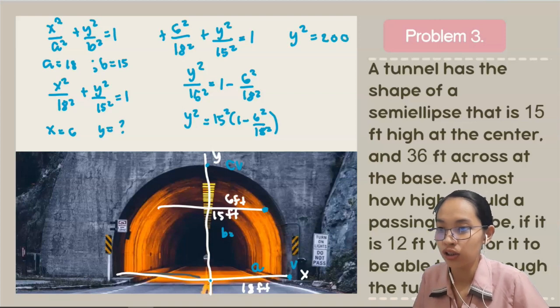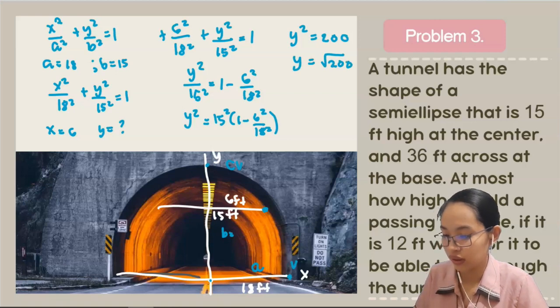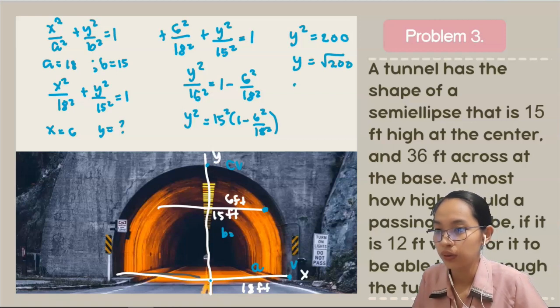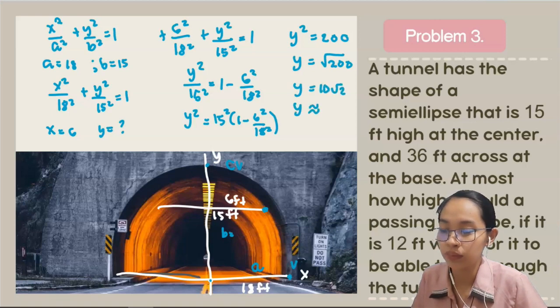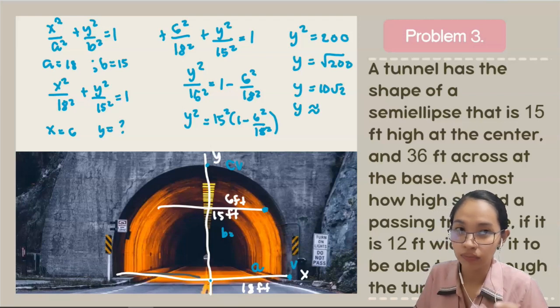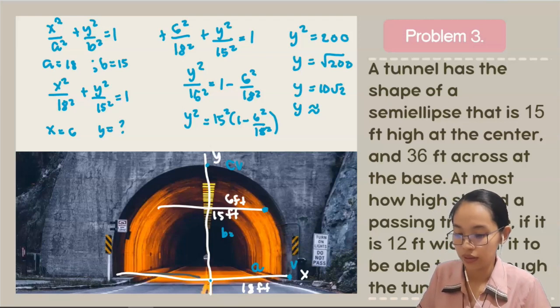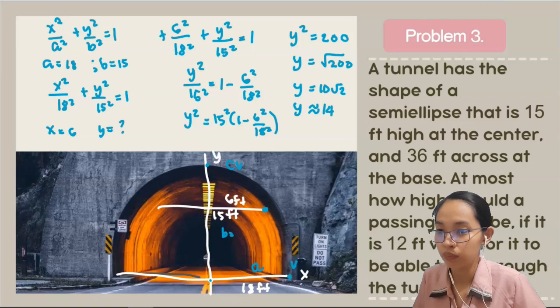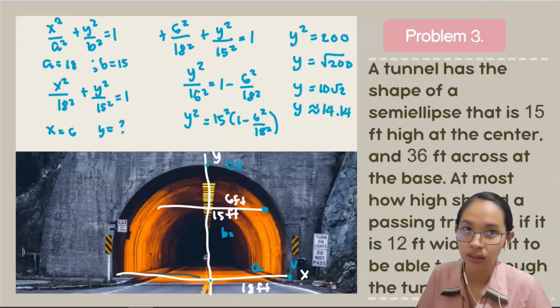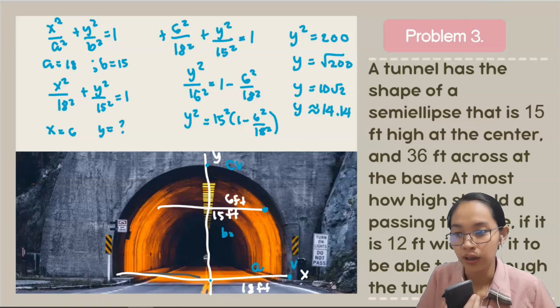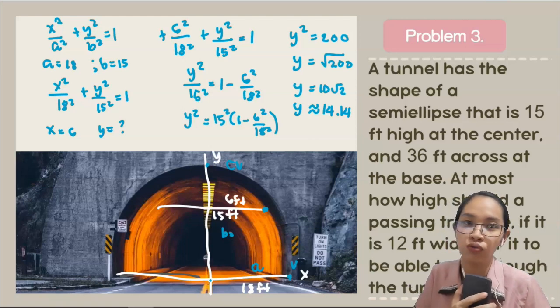Since we're looking for the value of y, we take the square root of 200, and square root of 200 is equal to 10 square root of 2, or y is approximately, again, pag sinabi natin approximately, hindi siya yung exact value, but we try to approximate the value of the square root of 200, which in decimal, we have 14.14 feet, which means that kung meron kang truck na 12 feet wide, dapat ang maximum height niya, maximum na yon, hindi dapat lalagpas sa 14.14 feet.